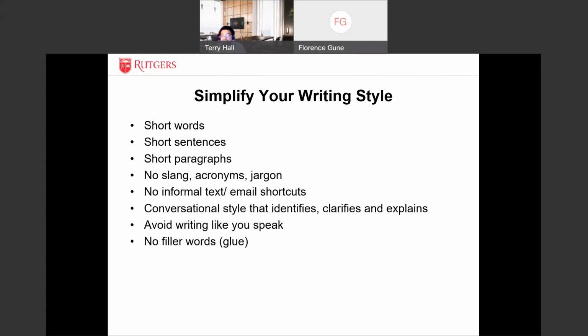Now, this requires a slight bit of explanation, but we want to aim to create a style that's conversational, one that identifies an issue, clarifies its elements, and explains what it means in the context of our argument. But even though we want to be conversational, we'd like to avoid writing like we speak.